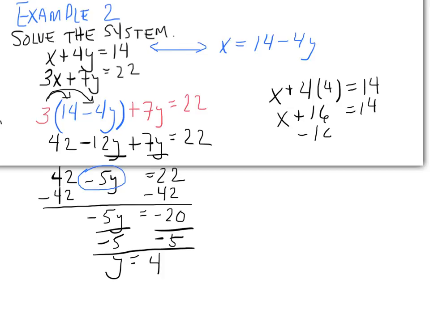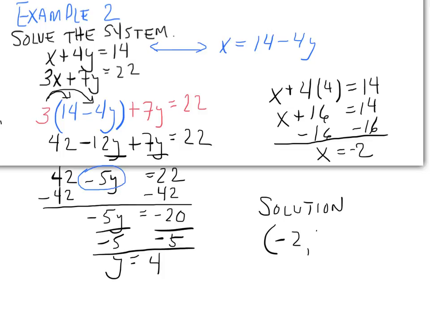I would subtract 16. x equals -2. Now, we did them in opposite order. Usually x is the first thing we seem to deal with. Just make sure that when you give your solution, you put the x first, even though we found it second, and it's -2, 4.